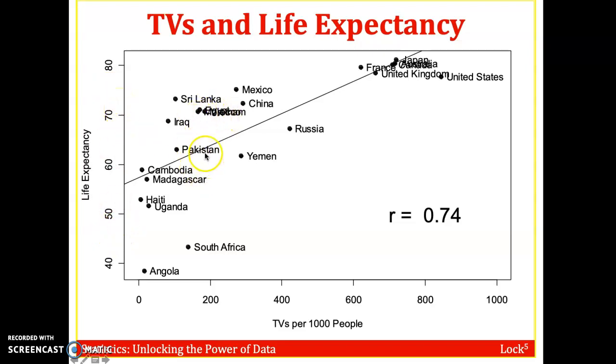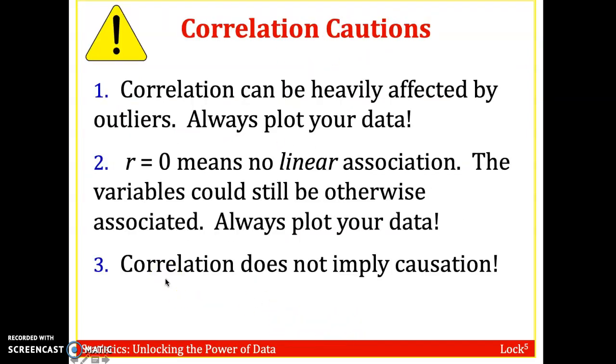We actually looked at this example before, and the confounding variable here, or one of the main confounding variables, would be income or wealth. Generally, the more wealth a country has, the higher the life expectancy, and that's confounding this TVs per capita. So that goes back to correlation does not imply causation.